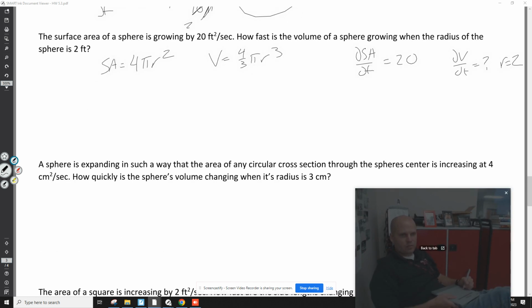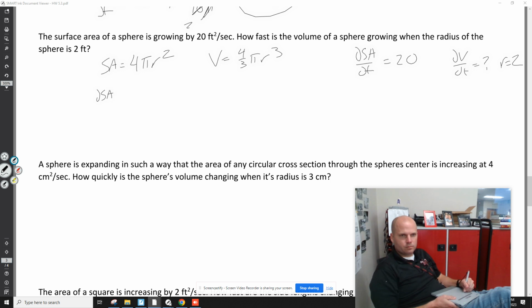We've taken these derivatives before. I'll do it again. The 2 comes down, 2r dr dt. The 2 times the 4 pi is 8 pi r dr dt. 3r squared. The 3 times the 4/3 makes it 4. Use what you know.